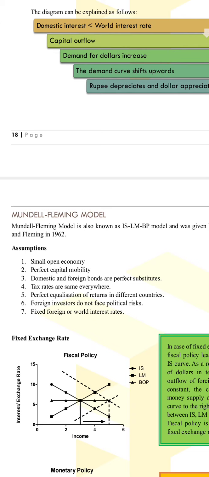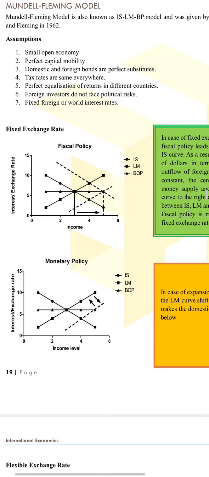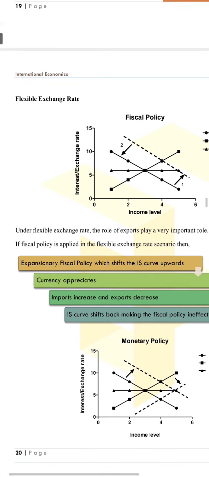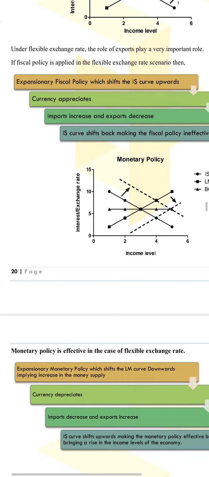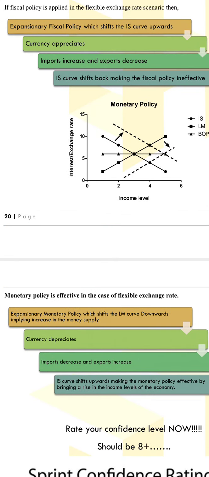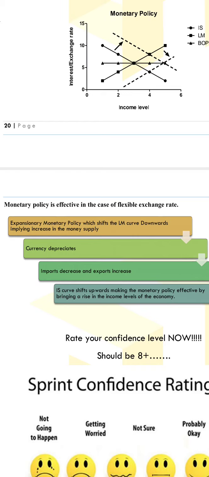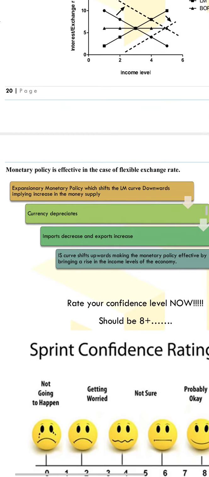And the Mundell-Fleming model for the determination of the exchange rate in fiscal policy and monetary policy, under fixed and flexible exchange rates. When explaining fiscal policy, which shifts the IS curve, and monetary policy is effective in the case of a flexible exchange rate, explaining monetary policy, which shifts the LM curve downward, implying an increase in the money supply.